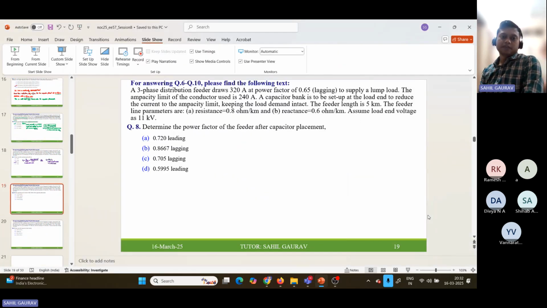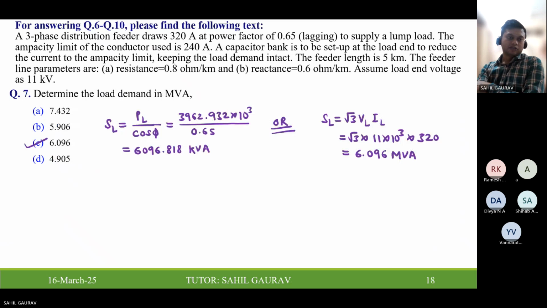Determine the power factor after capacitor placement. So you have to find the power factor after capacitor placement. So I am just drawing the scenario before capacitor and after capacitor placement.